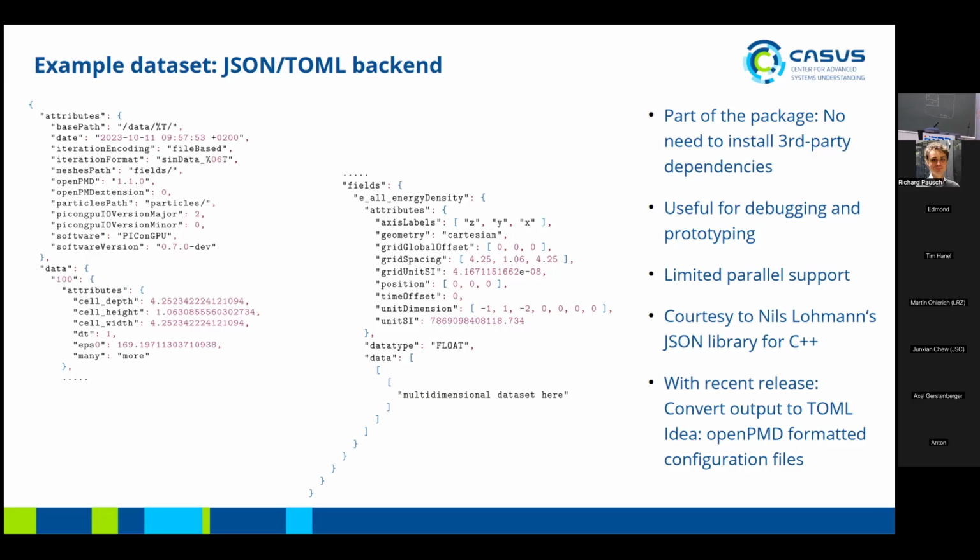In an experiment, we need some workflow to input the metadata, and the idea was to have a configuration file that is openPMD formatted. TOML is a very good format to support configuration files. So by just adding this kind of conversion functionality and simplifying the markup, that's why we did that. We have this functionality added, and this kind of workflow integrated into the wider openPMD ecosystem. So maybe that's an example for what I mentioned earlier.